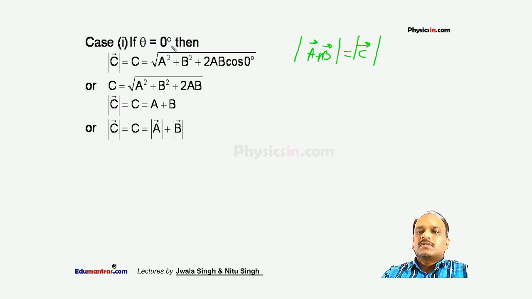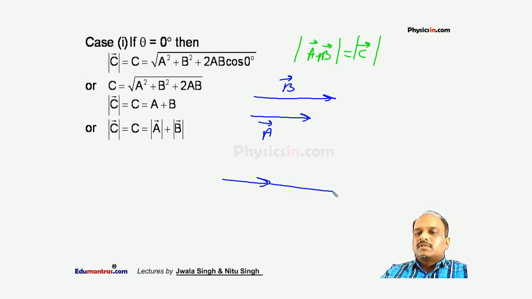If I put theta equal to 0, suppose this is vector A and this is vector B, and the angle between vector A and vector B is 0, so in that situation this is vector A plus this is vector B.